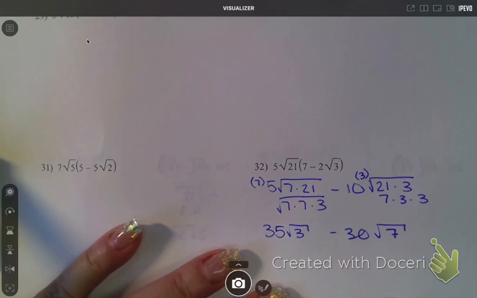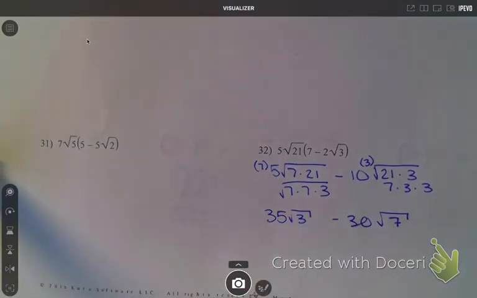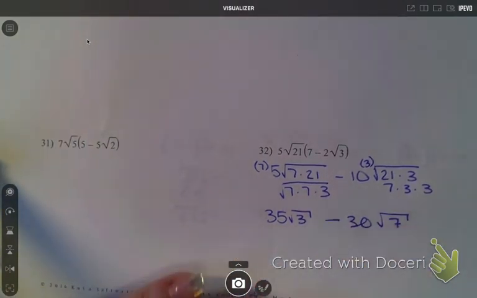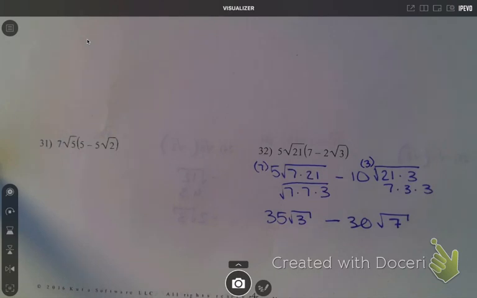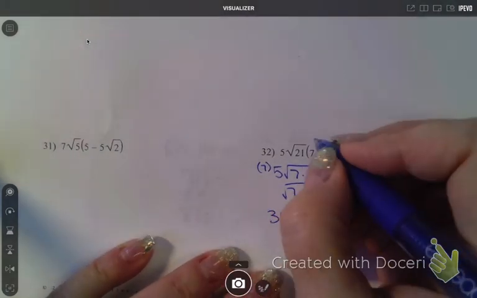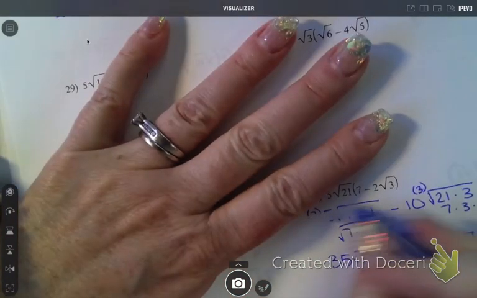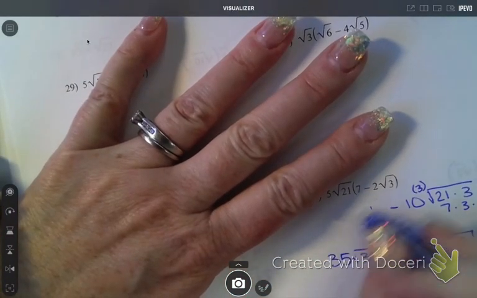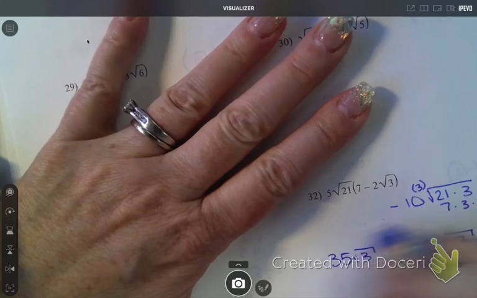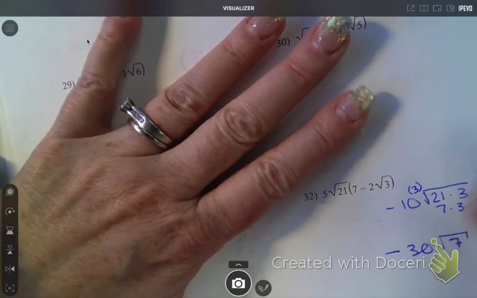Okay, did you get 35 square root of 3 minus 30 square root of 7? No. Why not? Did you mix them? I forgot my other 7. I put that 7 in the square root.